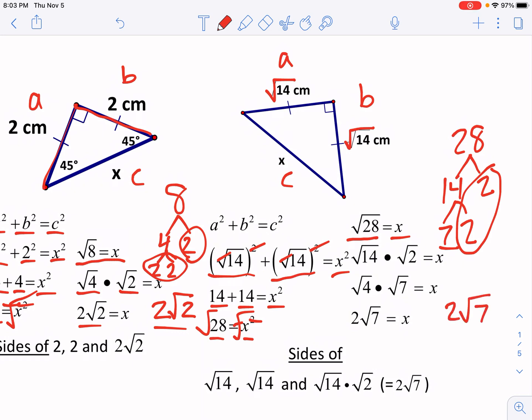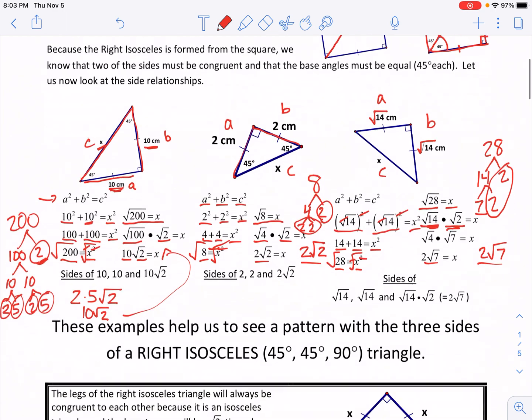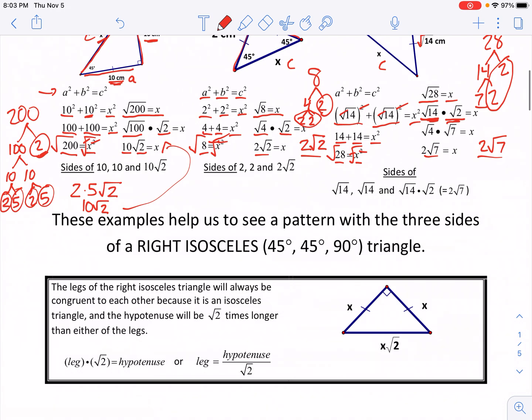But I do want to point something out to you. They broke it apart as the square root of 14 times the square root of 2, okay? That's going to be important here later on. So we do get the same answer as them, but I want you to notice this because this is going to play a role in our pattern here, okay? So notice, in the first answer, it was 10 square root of 2.